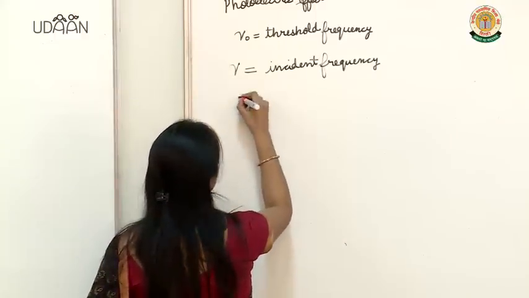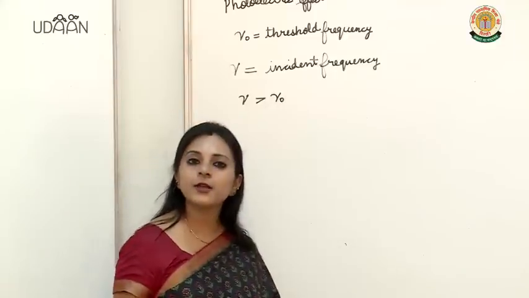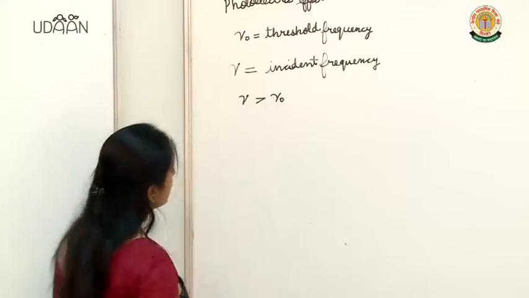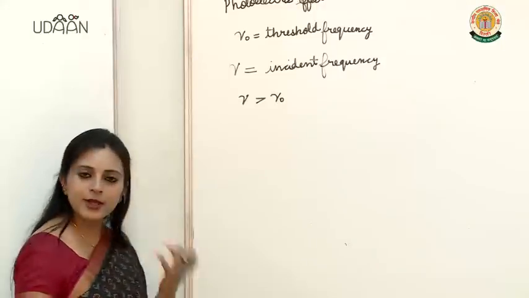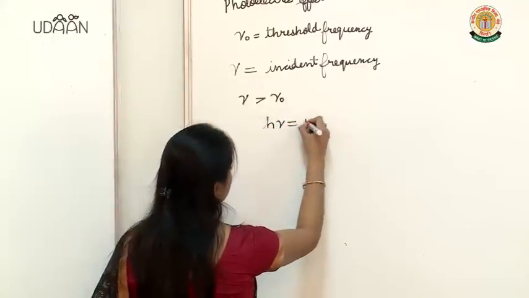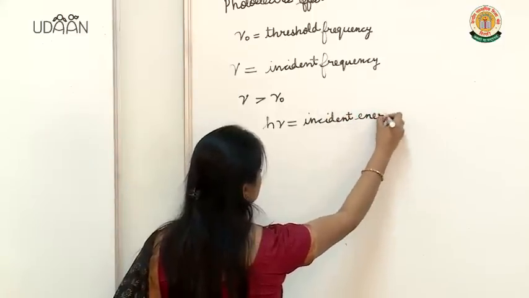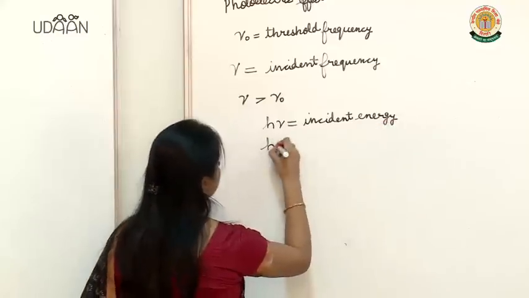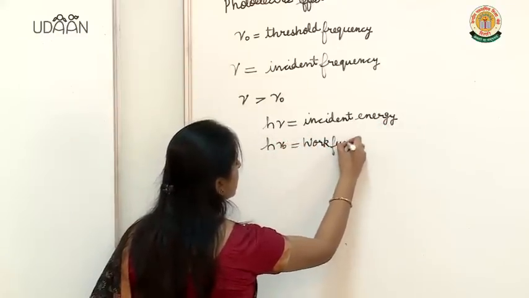Whenever nu is greater than nu naught, the photoelectric effect will take place. So, that means the extra energy, now h nu will be the incident energy, and what will h nu naught be? It is the work function, or the threshold energy.